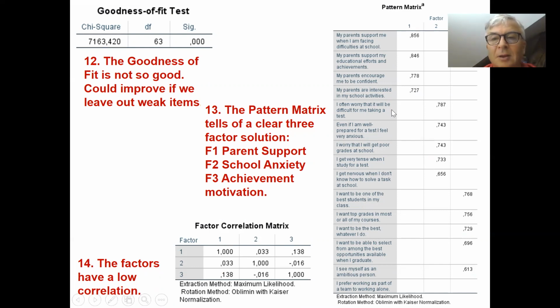And then the next set here has something to do with anxiety at school. And the last one has to do with performance orientation or motivation. And the last item is something else completely, so that's why it doesn't fit into the picture.